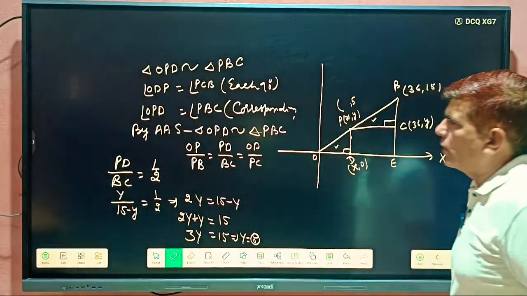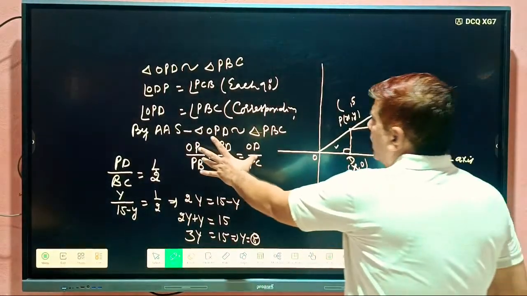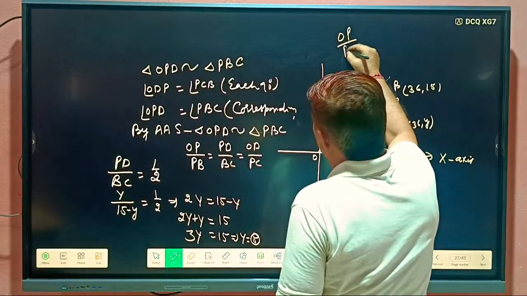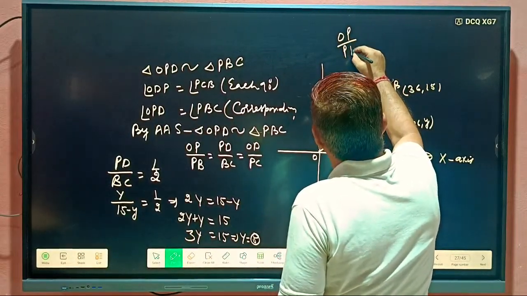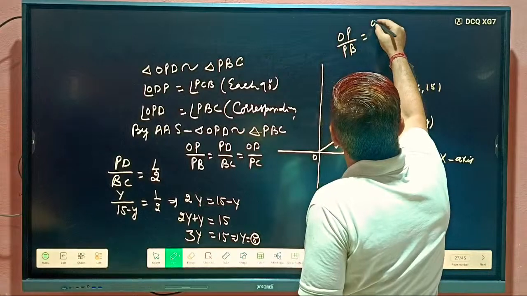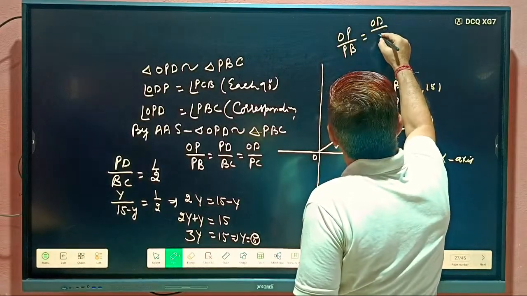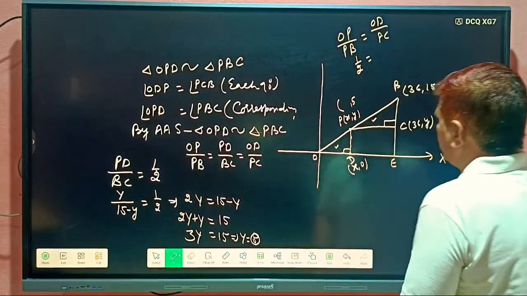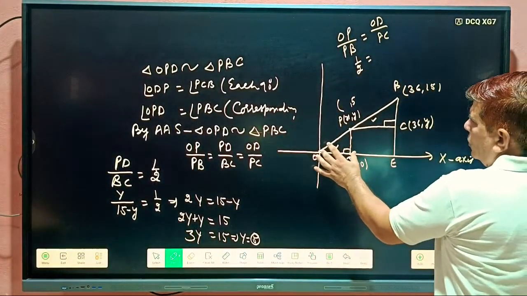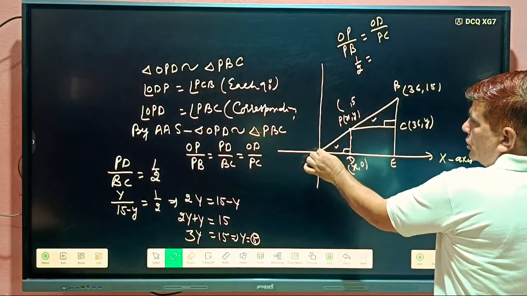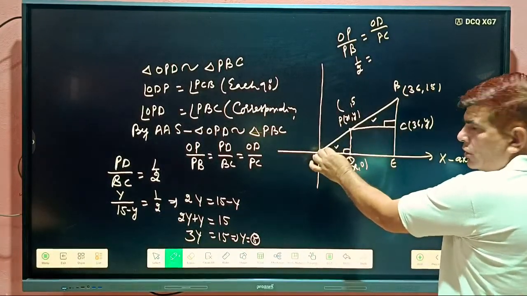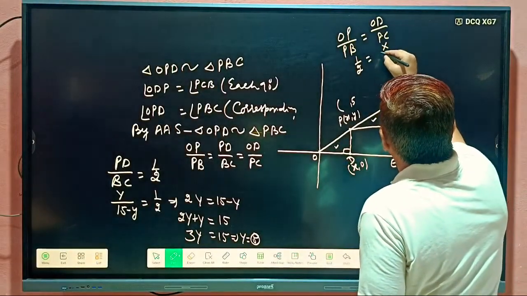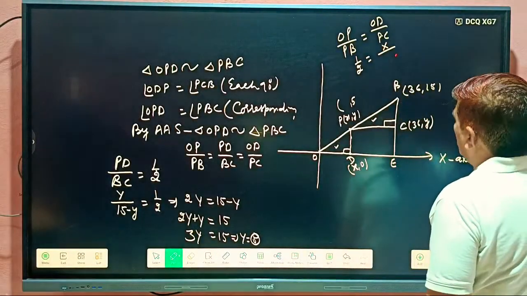Now we have to find out x. So again, we can take OP by PB equal to OD by PC. This is 1 by 2. OD: O is the origin, coordinates 0, 0, and D is x and 0. So OD is x by PC.